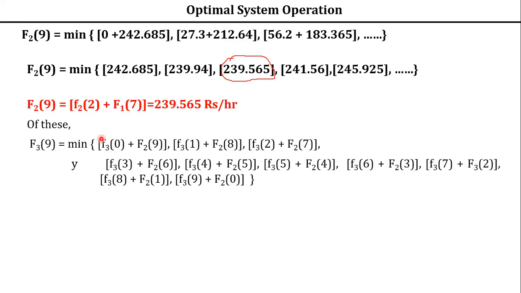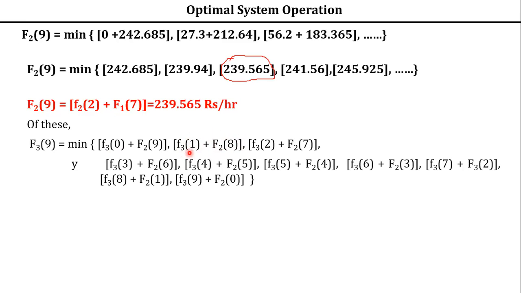Now in this combination, F3 of 0 is 0, and F2 of 9 is 239.565. And F3 of 1, F2 of 8, you calculate it. Understood? Using that cost equation, you find out this one.